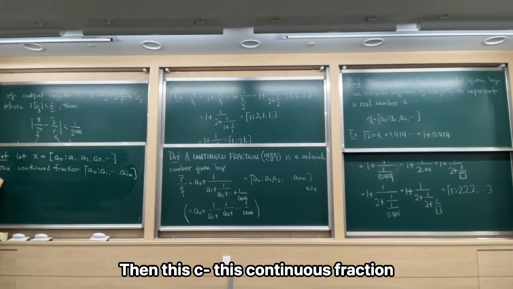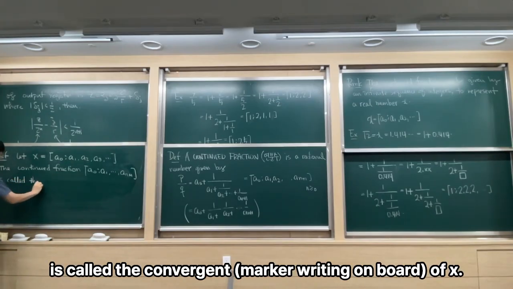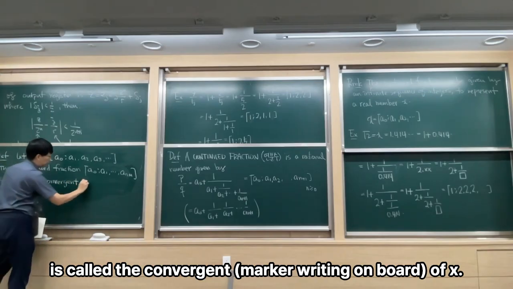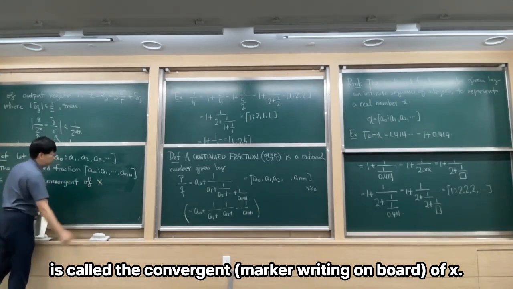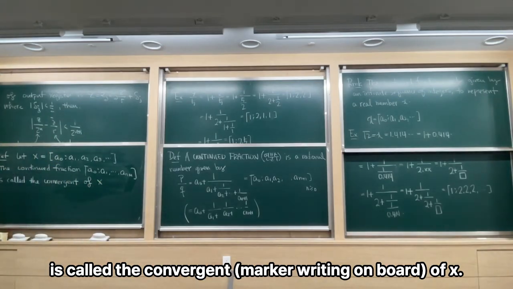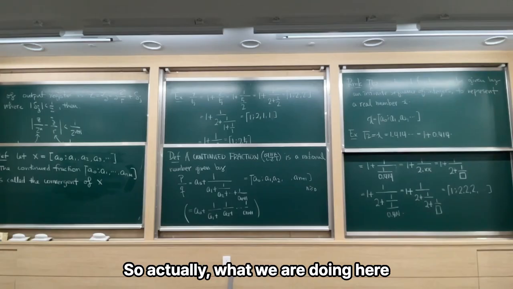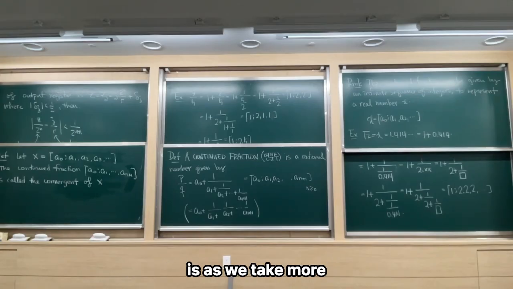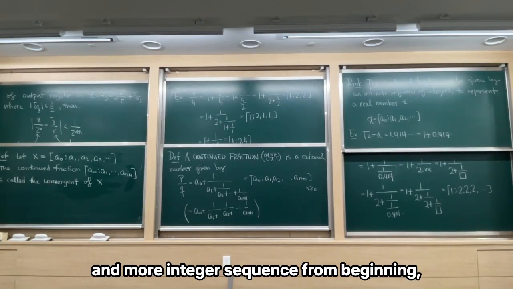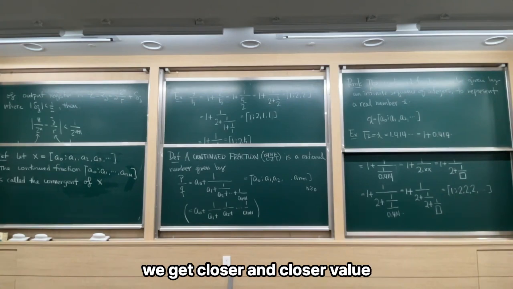Then this continued fraction is called the convergent of x. So actually what we are doing here is, as we take more and more of the integer sequence from the beginning, we get closer and closer to the original x.